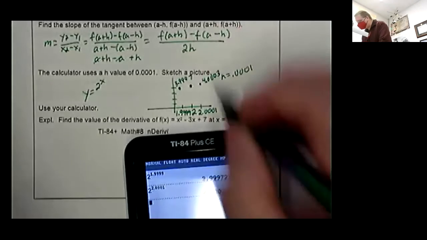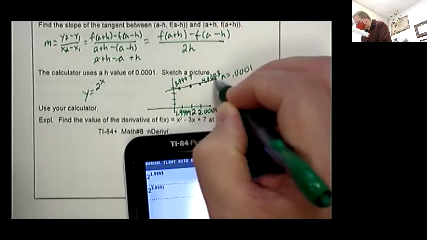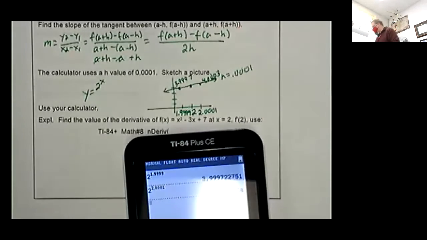All right, and so the calculator then would use those values to find the derivative, again using the slope formula.